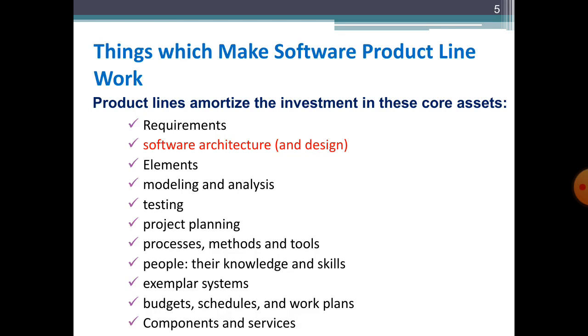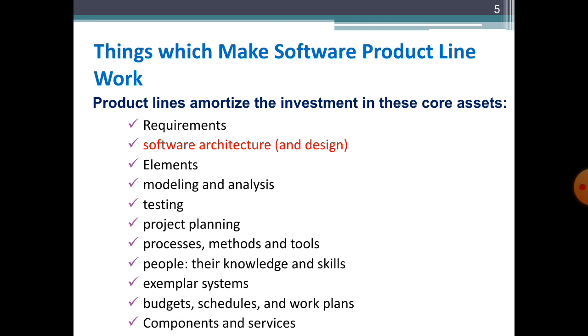And now students, these are the different things which make software product lines work. Product lines actually pay back the investment in these core assets. There are different core assets which can be managed by any organization. So product lines pay back the investments made by different organizations in terms of core assets.